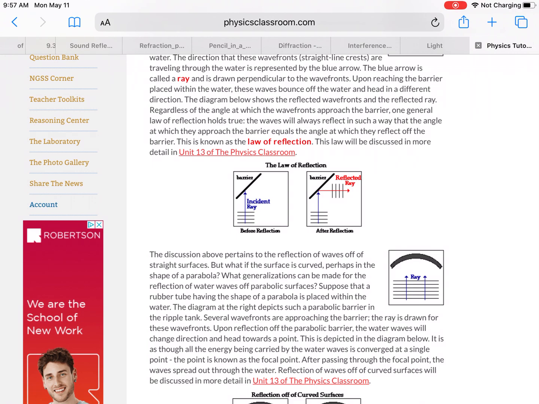You can think about them as crests. So that's how we draw a wave from the top, from the bird's eye view. The ray tells us the direction in which the wave is traveling, and the lines tell us the crests or the troughs.